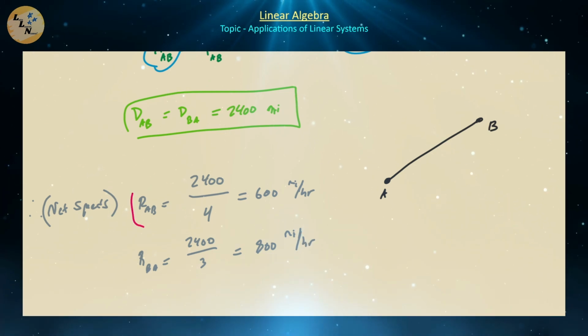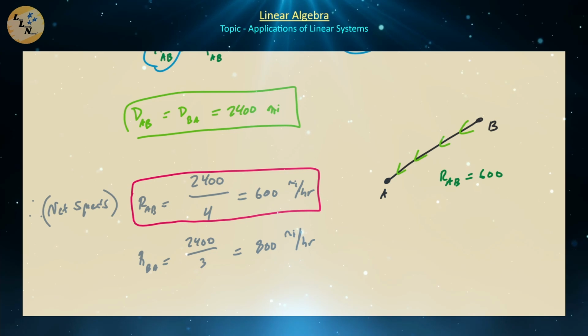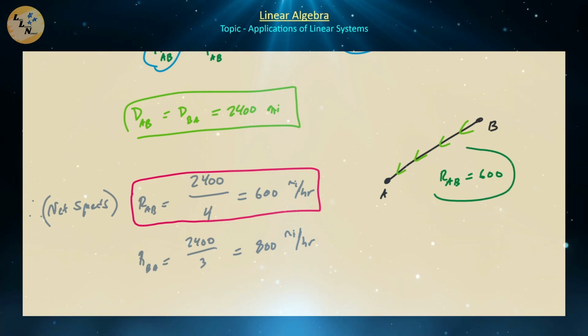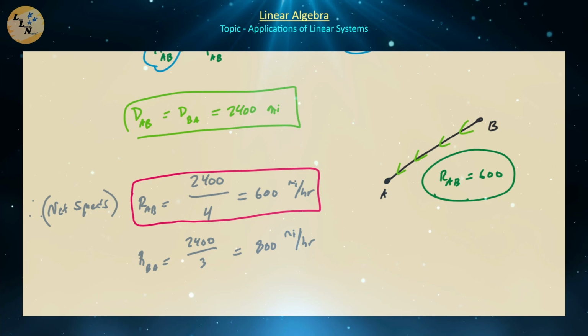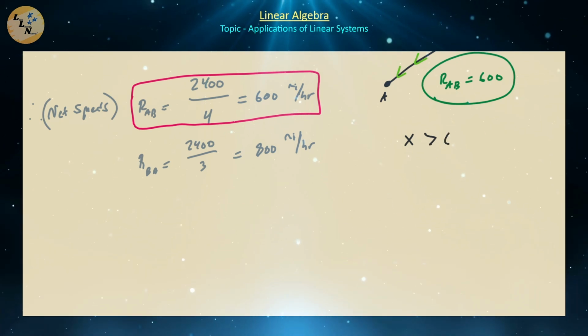Now let's think about this rate from A to B equation in a little more depth. Keep in mind that our wind is traveling in that direction, and we know the net rate from A to B is going to be equal to 600. So the speed of the airplane needs to overtake that in order to get from A to B. From basic physics principles, that means x must be greater than 600.